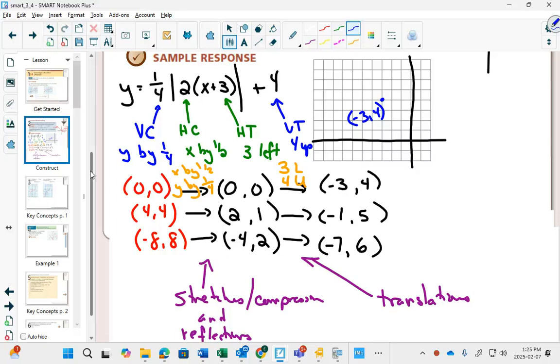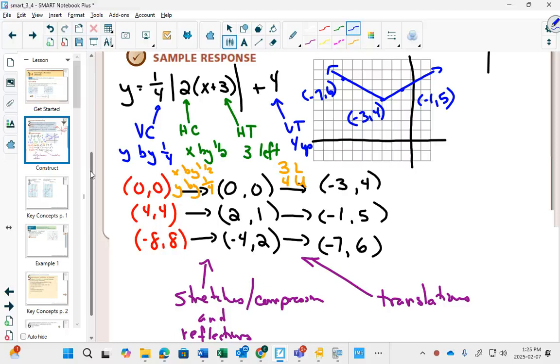Negative 1, comma 5. And negative 7, comma 6. Draw the shape of the graph, an absolute value graph going through those points.